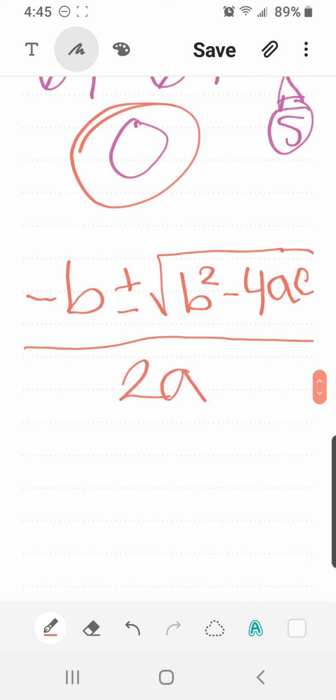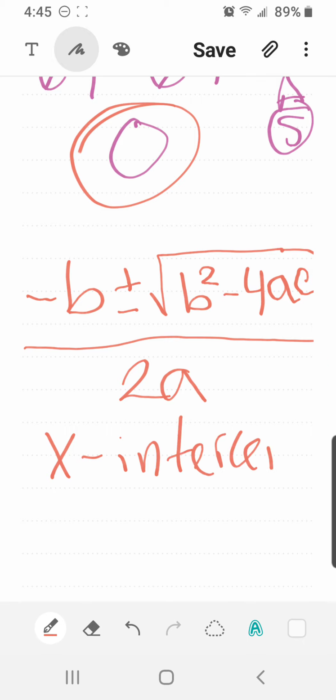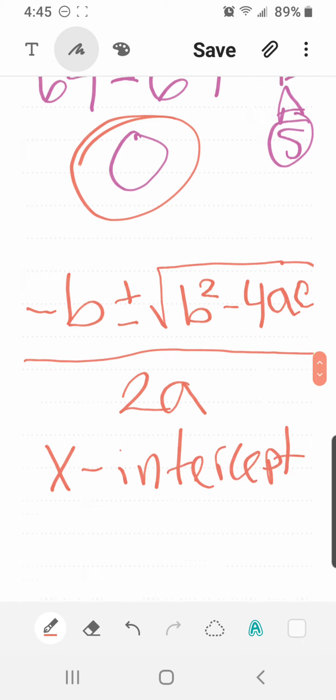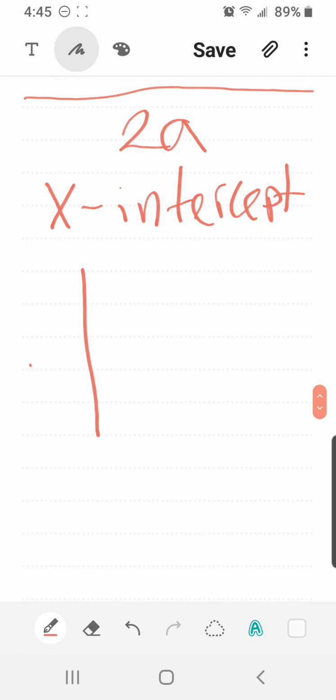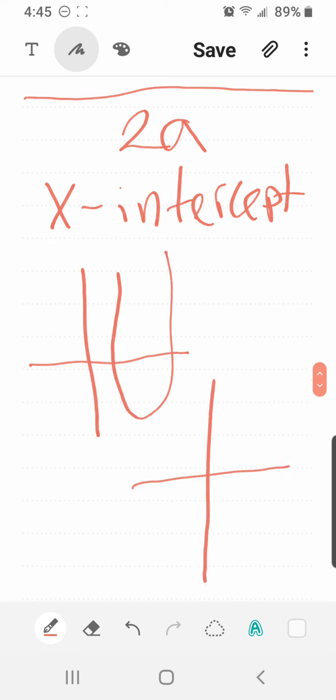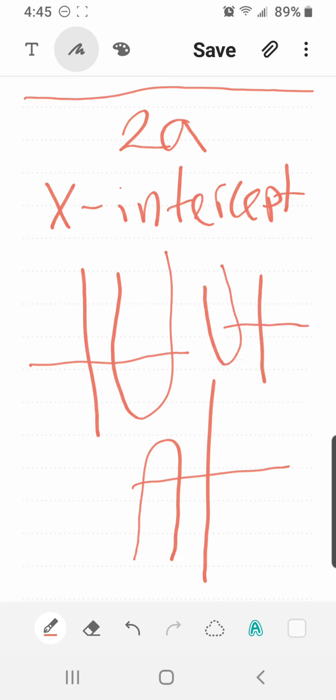And this gives us all of our x-intercepts of a parabola, a quadratic function. So basically what that tells us is where my function crosses the x-axis, whether it crosses once, or in the negative quadrant. It tells us where that actually happens.